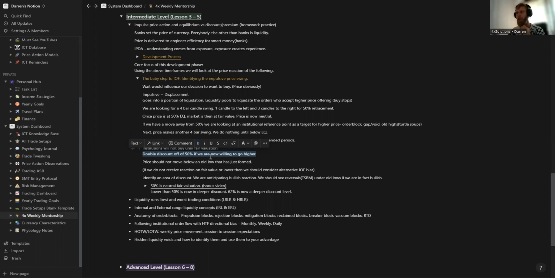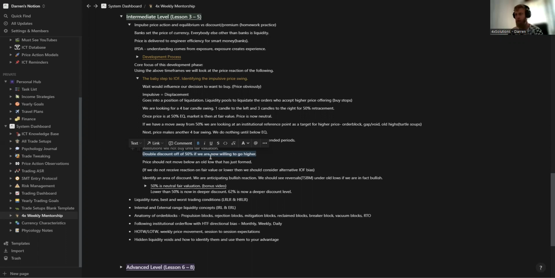But later on, you will learn more intricate details as to when to use the wicks and when to use the bodies. Now, there's no right or wrong way to do it. It's the fact that once you've stuck on a particular way, if you're going to use the bodies or if you're going to use the wicks, then I suggest you stick to that. If you're always going to use the wicks, then always use the wicks.